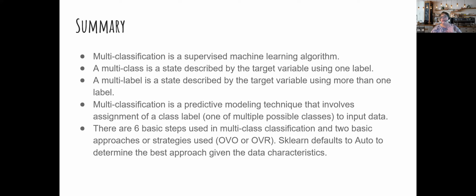Instead of you selecting or specifying OVO or OVR, for multi-class purposes, it will default to auto unless you specify otherwise. All right. But you have to tell it that you're working with a multi-class, and I'm going to show you how to do that when you create your logistic regression model. Thank you. You're welcome.